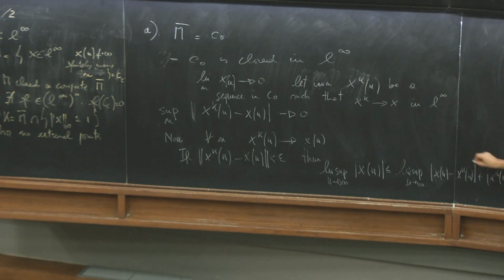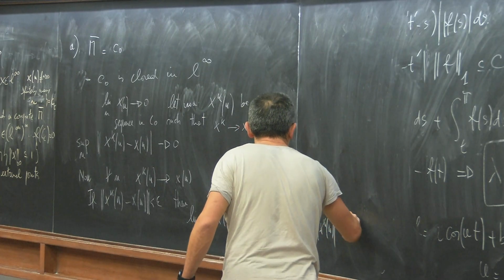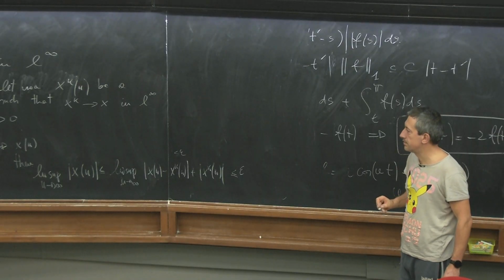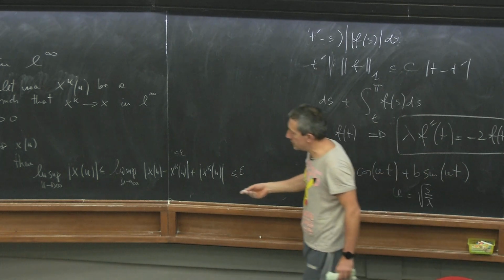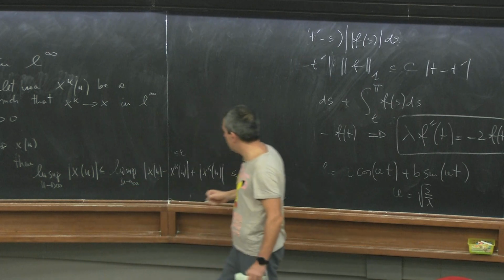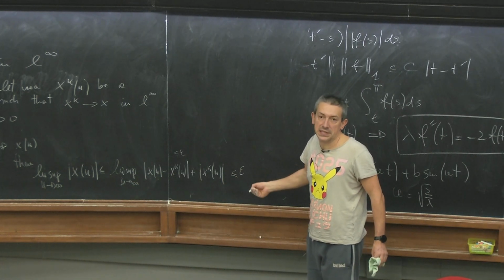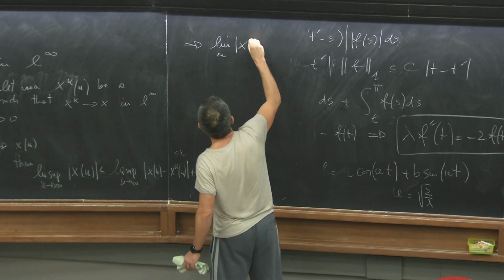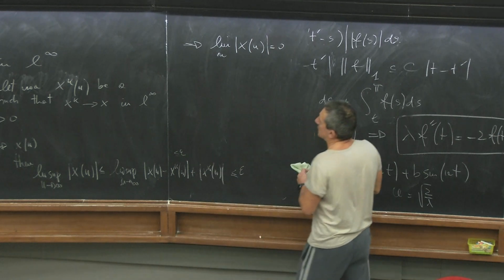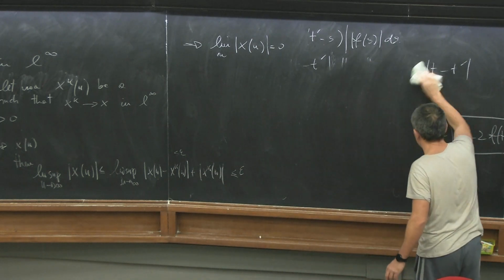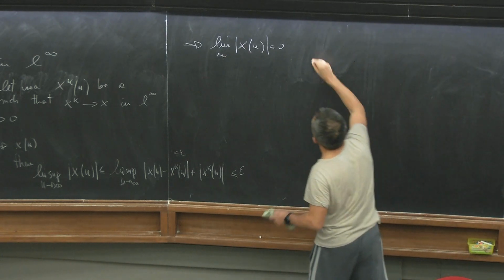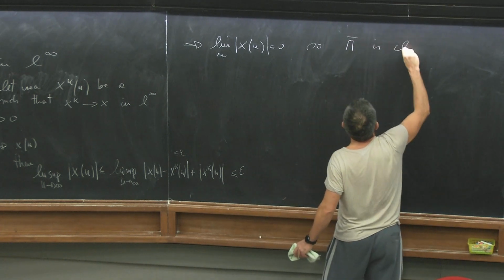Now this is less or equal than epsilon, and this is 0, so the lim sup is less or equal than epsilon. This shows that the limit can be as small as I want, so it is 0. And this gives exactly that it is a closed set: any limit belongs to the set. So C0 is closed.